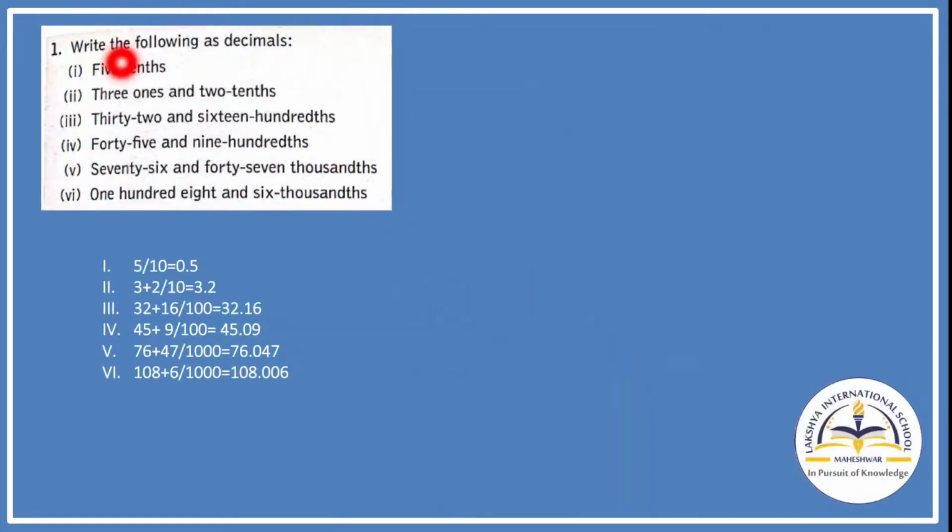Now here, question number 1, write the following as decimals. 5/10 means 5 by 10. How can we write 5 by 10 in decimal? You can divide, you will get 0.5.